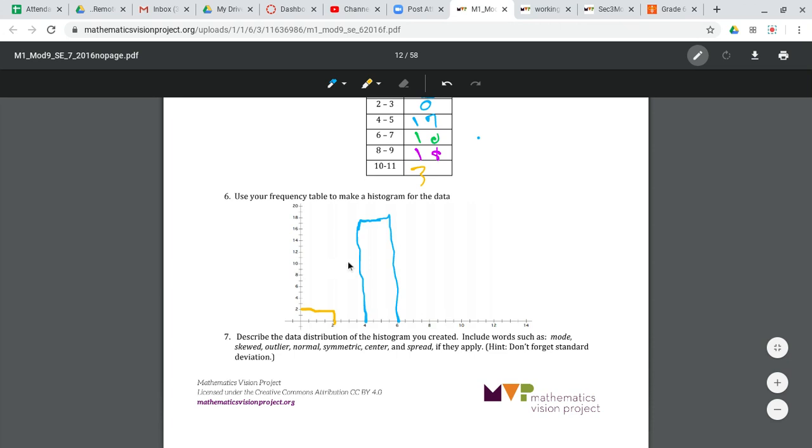So 10 is all the way down here. Then go over, remember we need to go over to the 8 because we go to the next number in the next interval. All right, the next one we have from 8 to 9, they had 18.